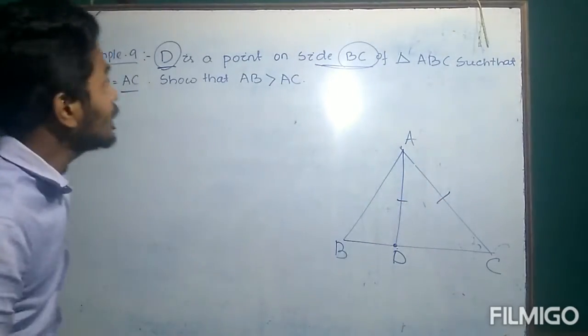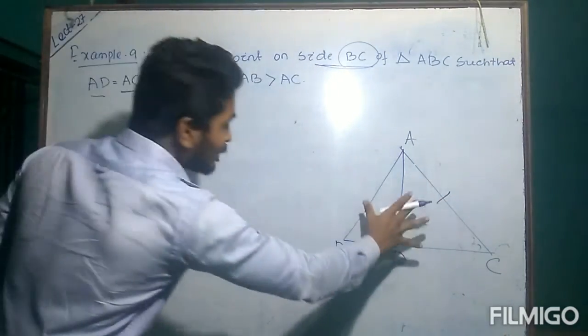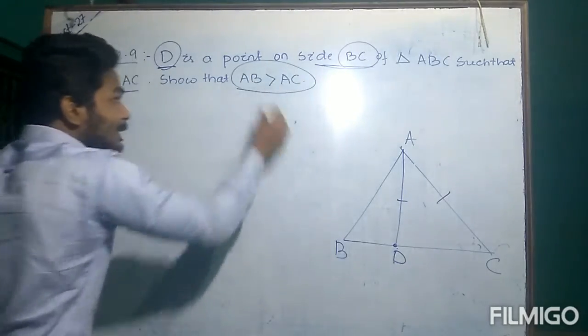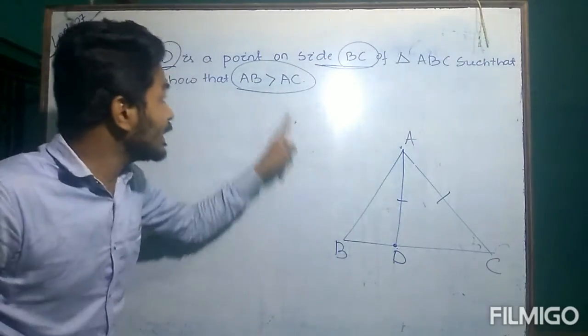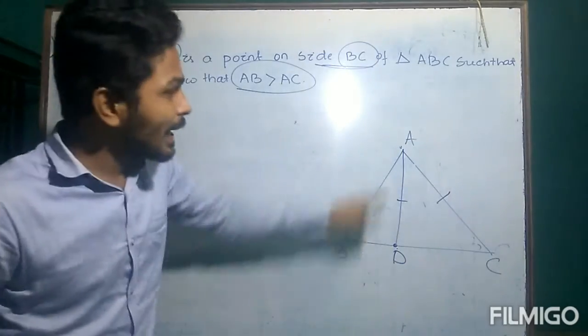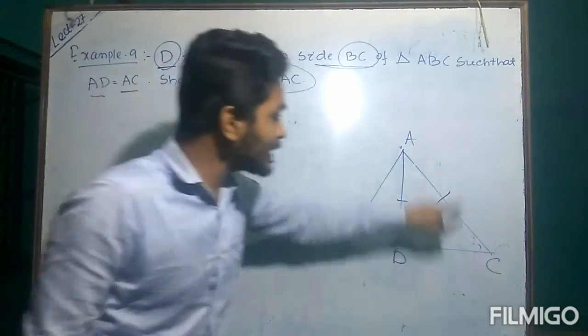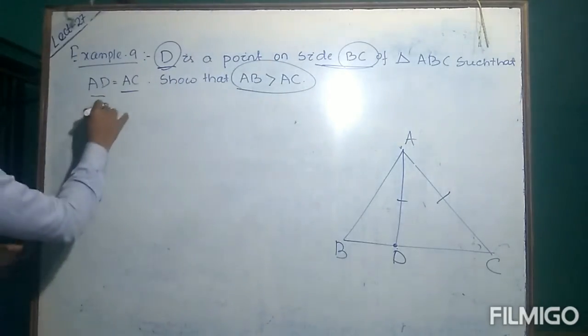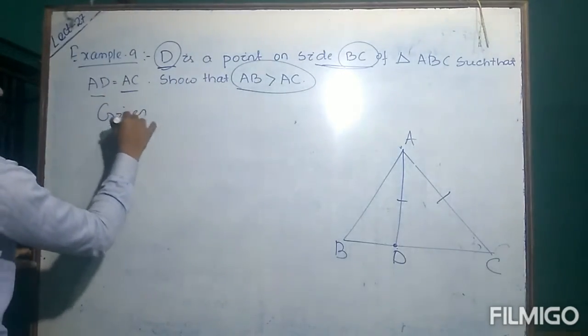Next, from this statement we have to prove that side AB is greater than side AC for the triangle ABC. So let us write what is given here.